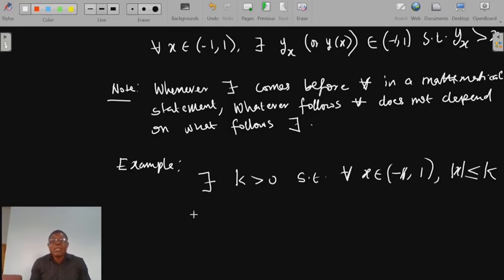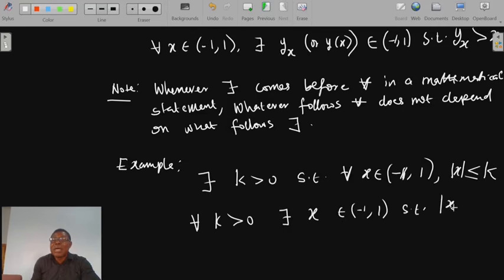This statement is different from the statement for all k greater than 0, there exists x in the interval minus 1, 1 such that absolute value of x is less than or equal to k. These two statements are not the same.